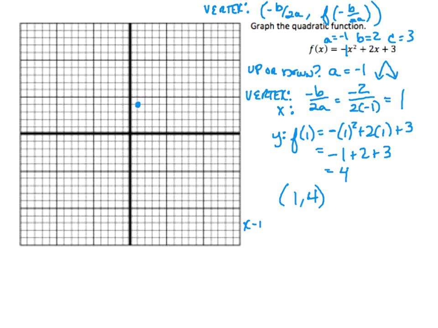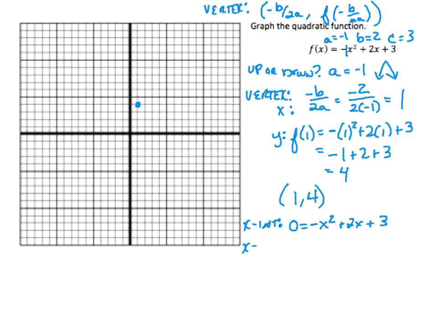The x-intercepts are what you get when you plug in 0 for y, or f of x, so 0 equals negative x squared plus 2x plus 3. I'm going to use the quadratic formula. I could factor it and use the zero product property if I want to, but the quadratic formula always works.